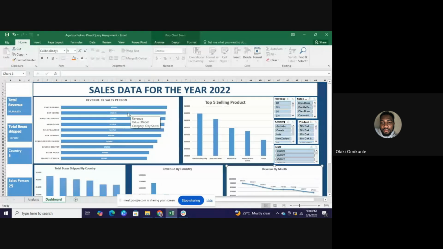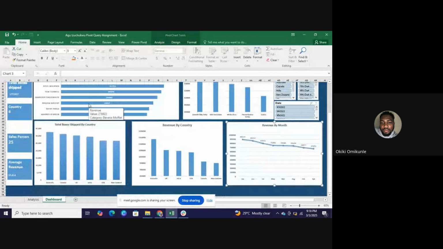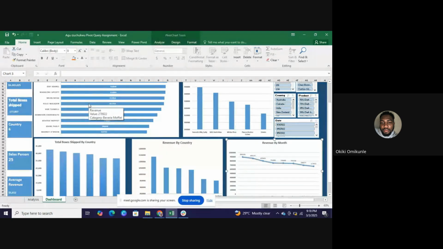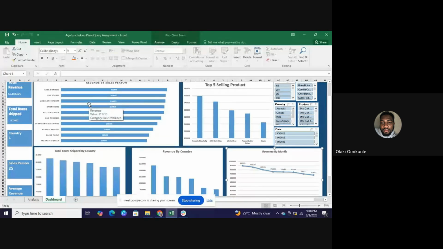You've done well. My boss is the one that can analyze all this dashboard very well, but yeah, your dashboard, you've done well. I really don't have much to say on it, to be very honest. Your labels are well placed.